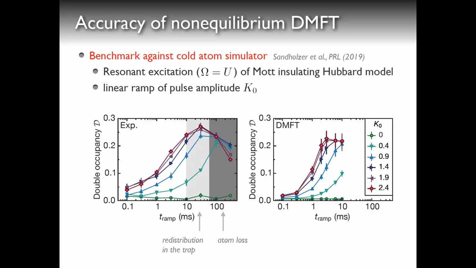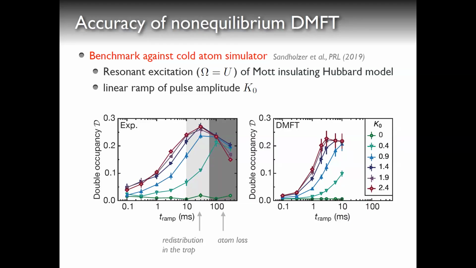And basically for short times, we should be able to directly compare the experiment to the DMFT calculation because there are no free parameters. So we implement in the DMFT the same lattice, the same density, the same ramp protocol. And you see for short times, it works well.